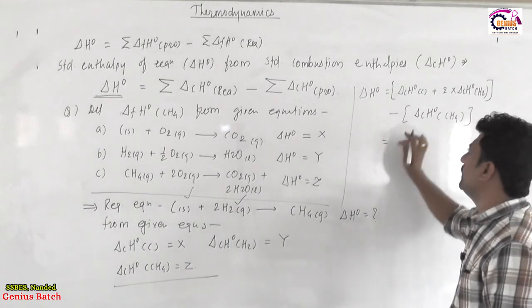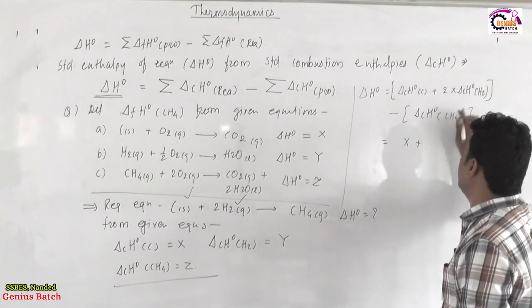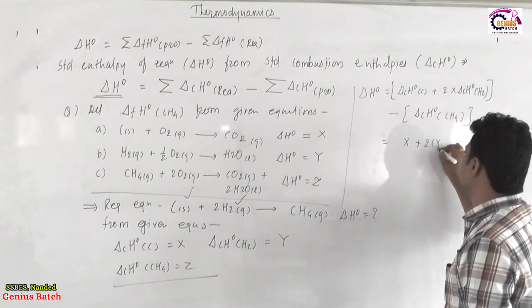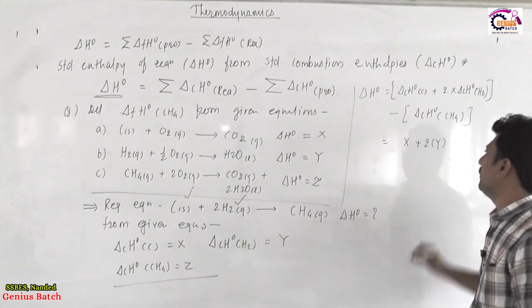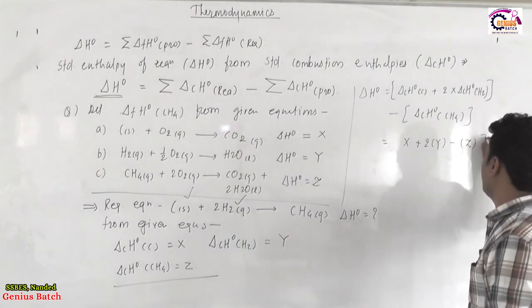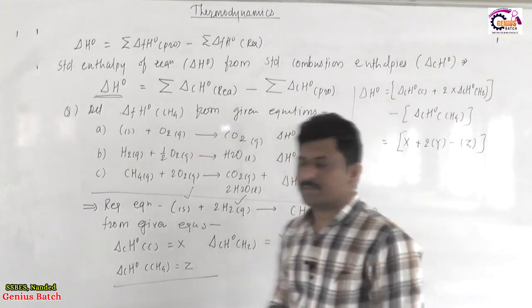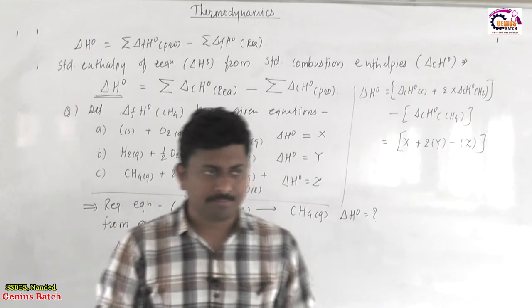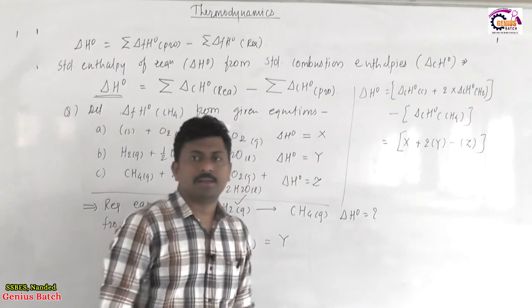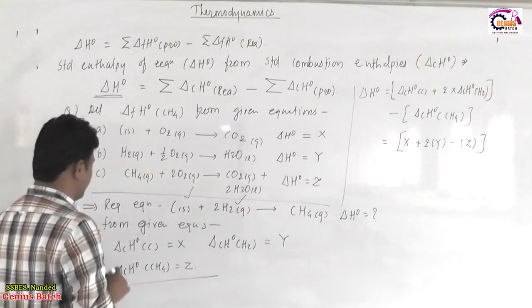Now place the values. For carbon it is X, plus for hydrogen 2 times Y, minus for methane it is Z. So X plus 2Y minus Z will be the symbolic equation for the net enthalpy change for this particular formation reaction.